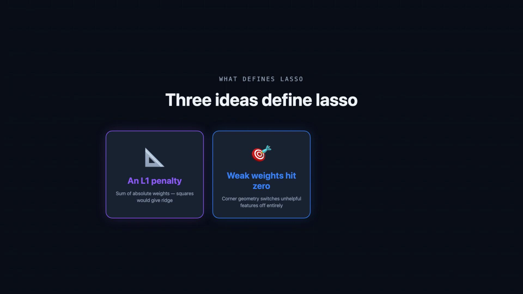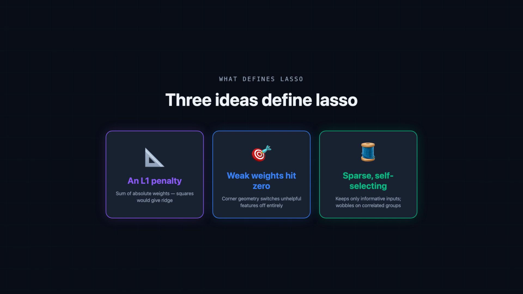The L1 corner geometry switches unhelpful features off completely, so the penalty strength lambda directly controls how many features survive the fit. It hands you a sparse, self-selecting model. Only the informative inputs remain, which makes the result both regularized and genuinely interpretable.